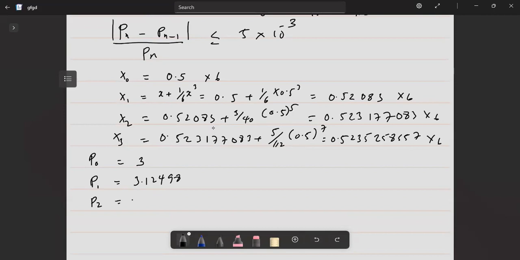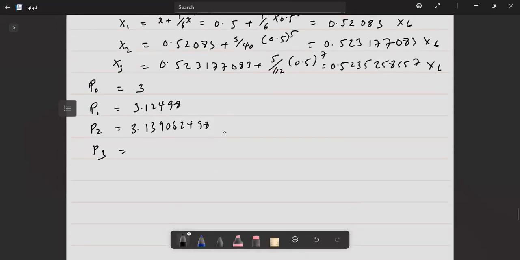We have about 3.139062498. And then P3 will be equal to, again, we multiply our x3 by 6. So 0.5235258557 times 6, we get about 3.14.